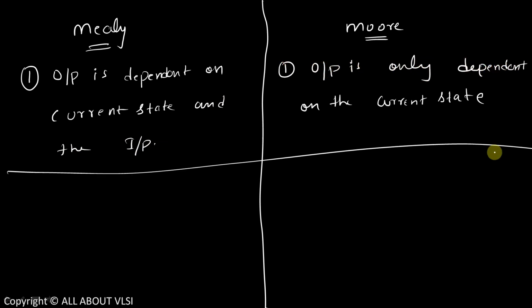In the case of Mealy FSM, your next state is dependent on the input as well as the current state. In the case of Moore FSM also, the next state is dependent upon both the input as well as the current state.